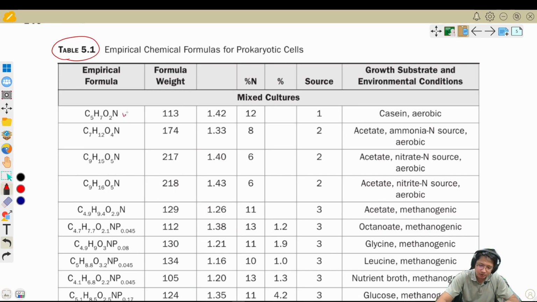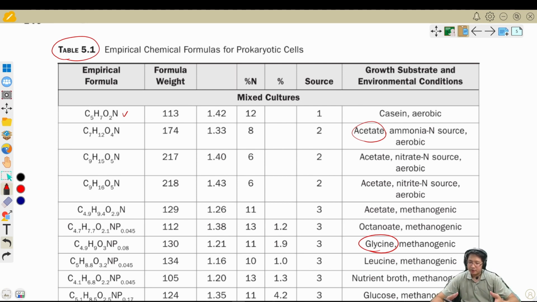So the first one is the simplest and also the most generally used empirical formula for a bacterial cell. However, if you feed the bacteria with a different kind of organic substance, like acetate or glycine, the chemical composition of the cells will change.